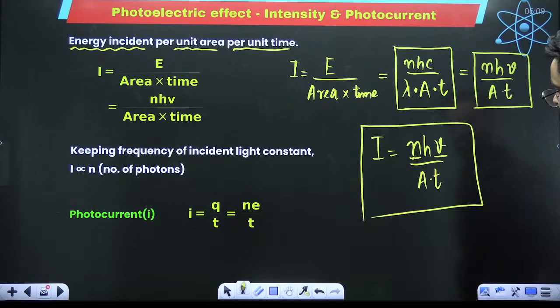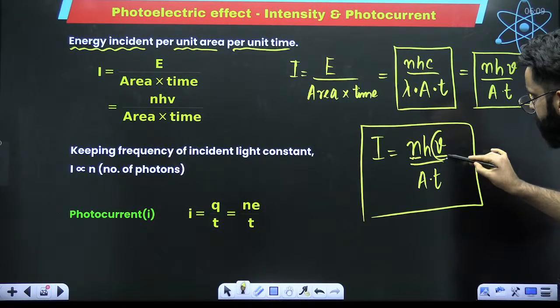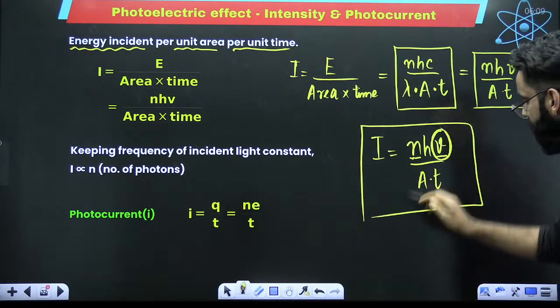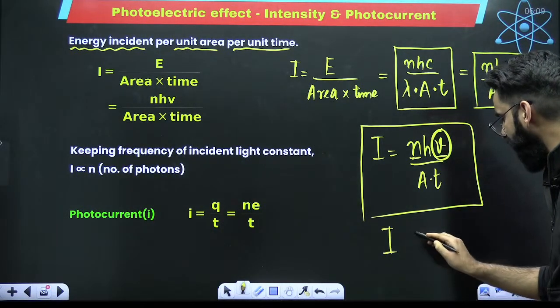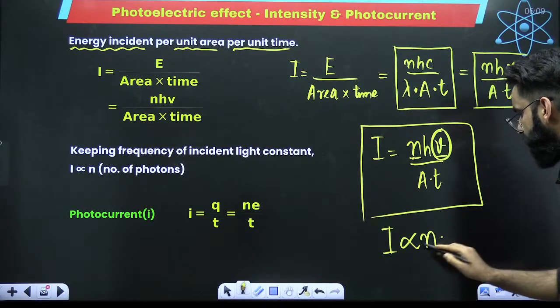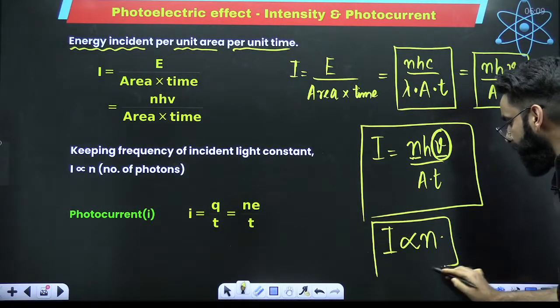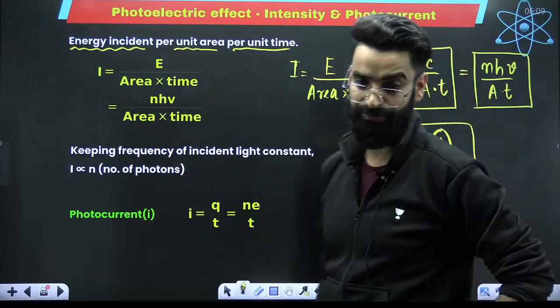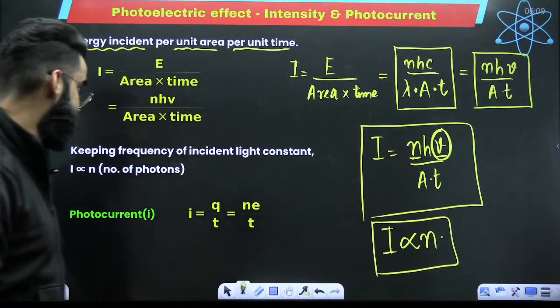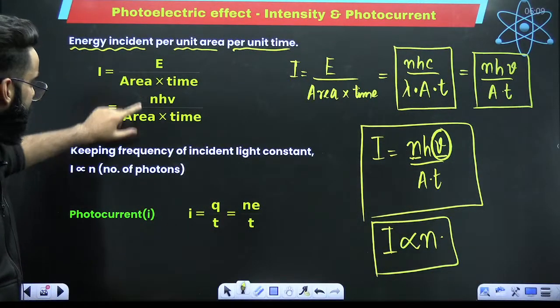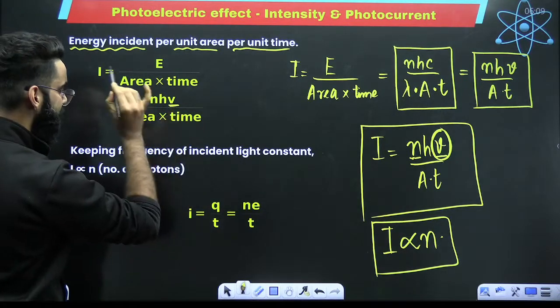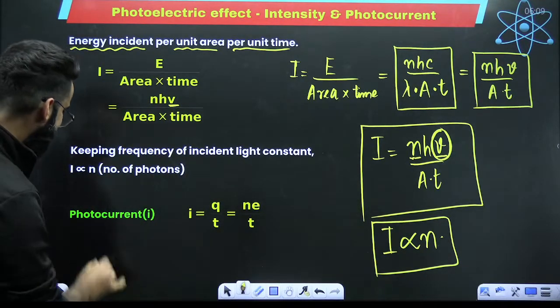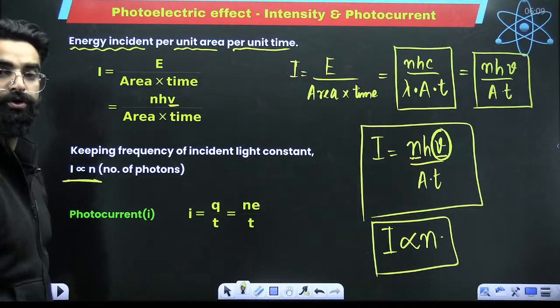My dear students, try to understand. If you keep frequency constant, can I say at that point of time, intensity is directly proportional to number of photons emitted? Absolutely, intensity is directly proportional to number of photons emitted. It's evident. If I keep the frequency constant, intensity is directly proportional to number of photons.